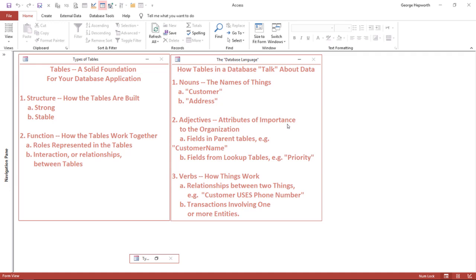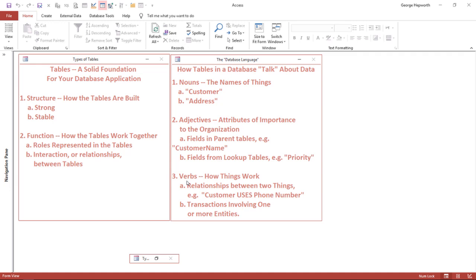So it depends on the purpose of the database what attributes are important. And those are, again, the fields that you include in the table as ways to describe that particular entity or thing. So in a natural language, that would be the corollary of an adjective.